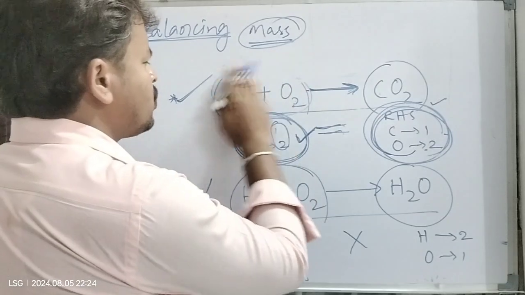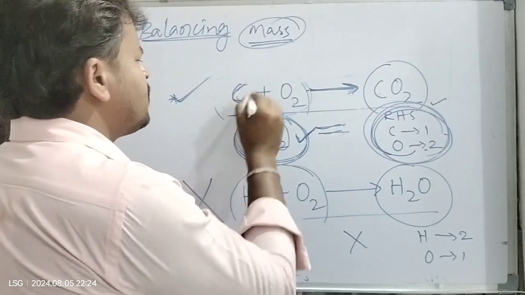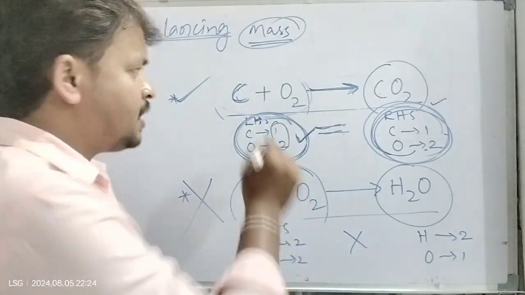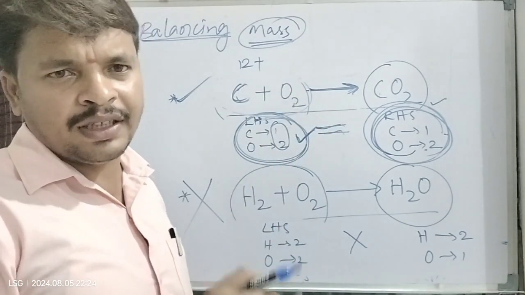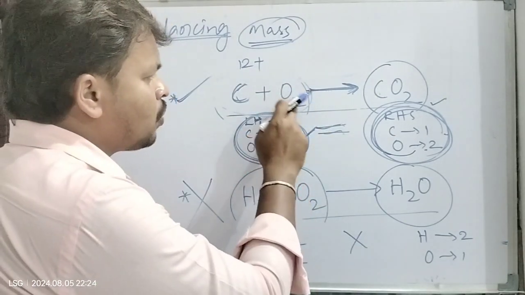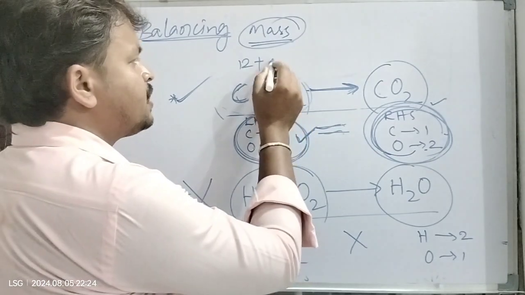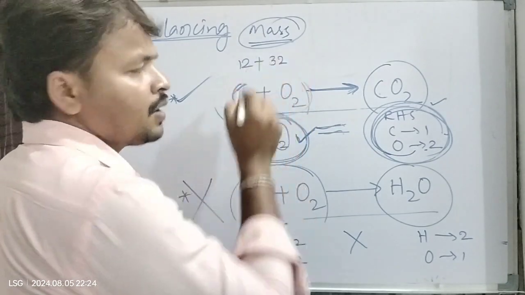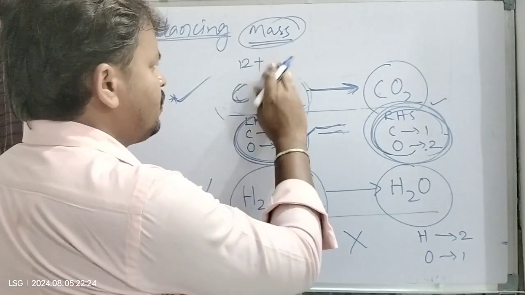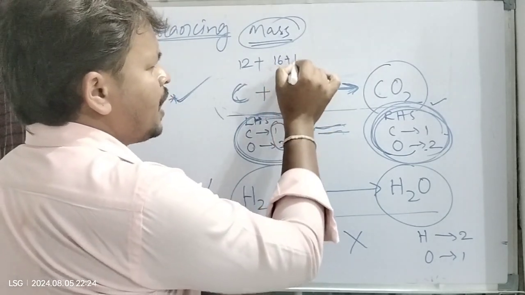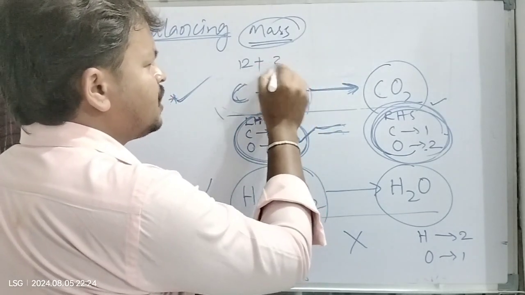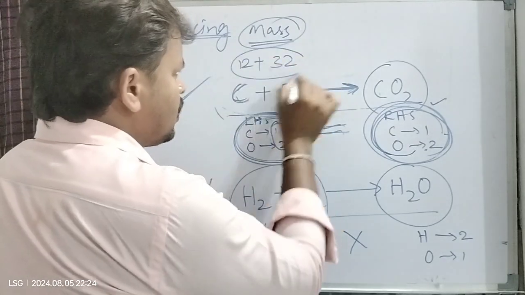See there, suppose one example I will give you. The mass number of carbon we know that it is 12. Mass number of oxygen we know that 16 is the mass number of oxygen. Here 2 atoms of oxygen are there. 16 plus 16, 32, in the reactant side.